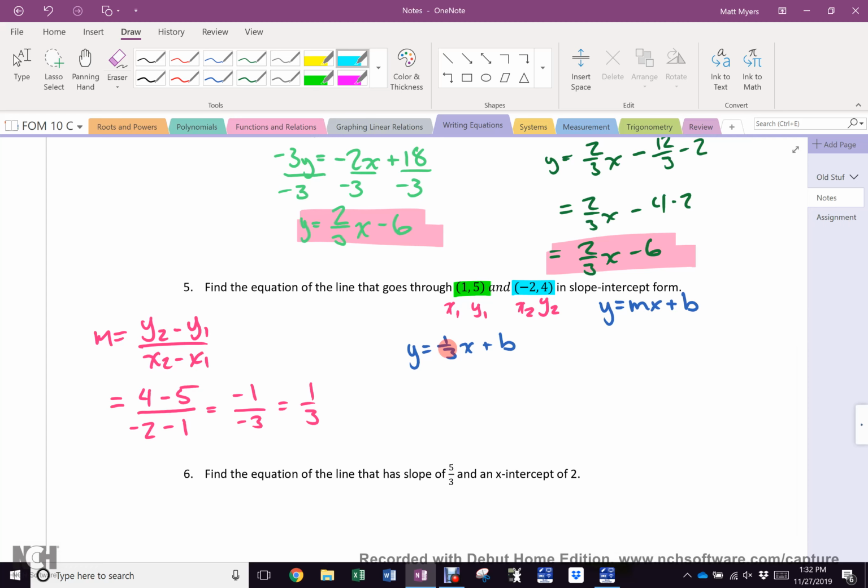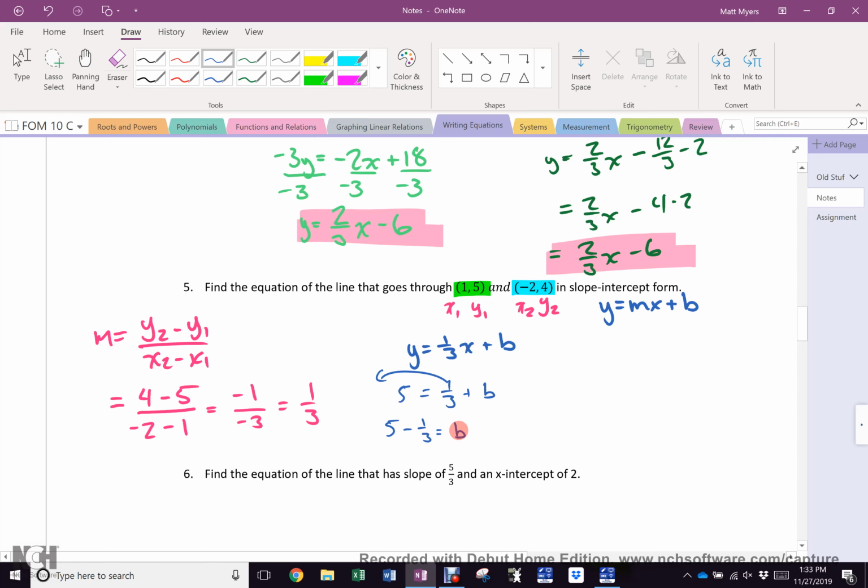I would say because green has an x as 1. So doesn't this just become 1/3 with no x? It just disappears. I don't need to do any work. Plus b equals what? 5. So now what do I have to isolate? So where's this going? So I get 5 minus 1/3 equals b.